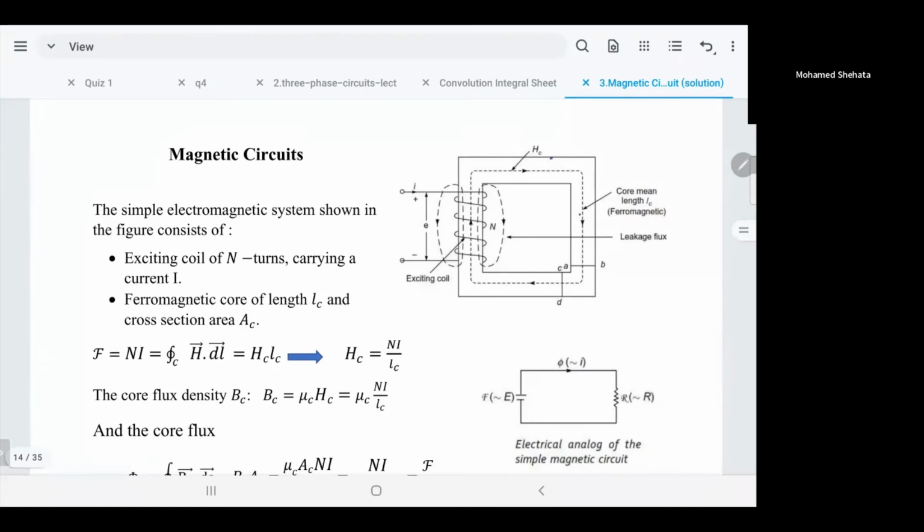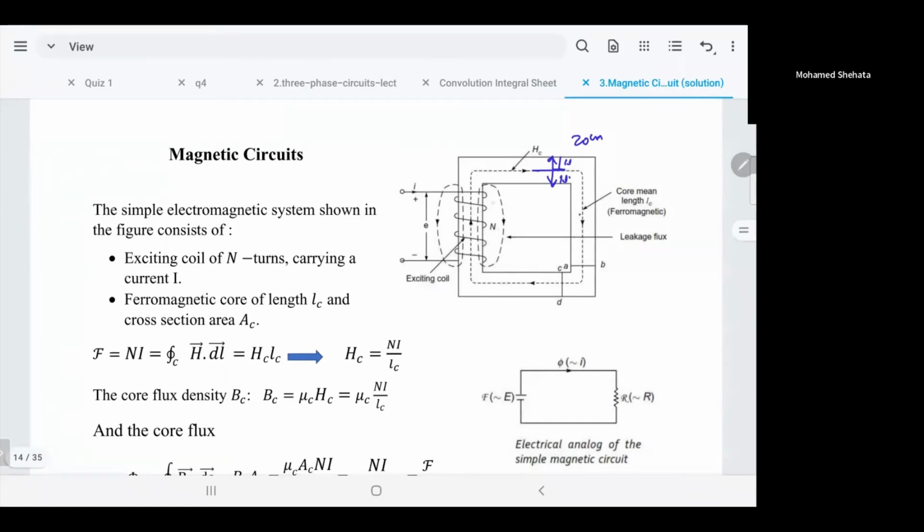For example, if this is 20 centimeters, you break it in half, so it's 10 from here and 10 centimeters from here. Take it from the middle, from the corner in the middle, and take the mean length LC. That's the core mean length in ferromagnetic material.